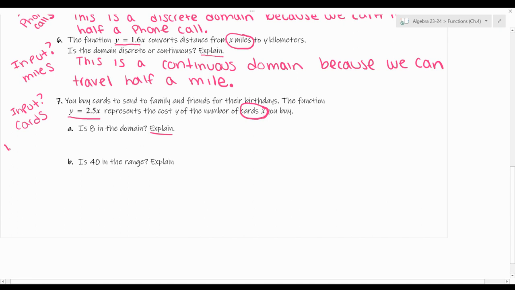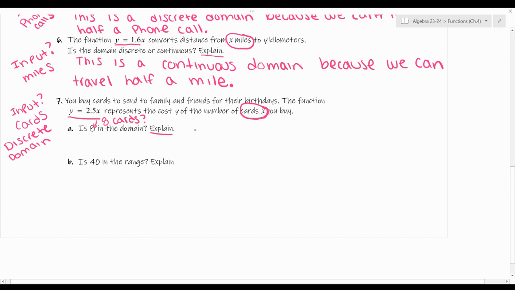So this just means, off to the side, it's a discrete domain, which means you can only have whole numbers. So when we go back to A, where it asks, is 8 in the domain? This is asking you, can you buy 8 cards? Well, yeah, I can go to Walgreens, or I can go to CVS, I can go to Target, wherever, and I can go buy 8 birthday cards if I want to. That's a lot of cards, but I can absolutely do it, and no one's going to think it's weird.